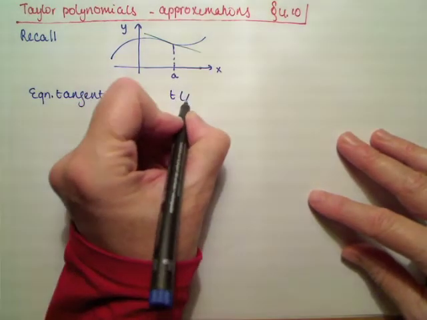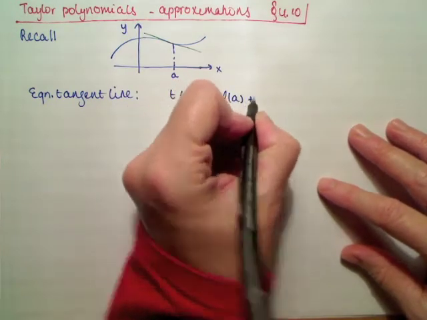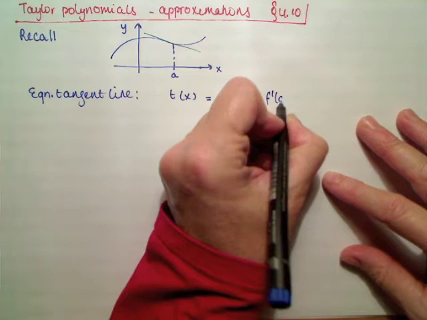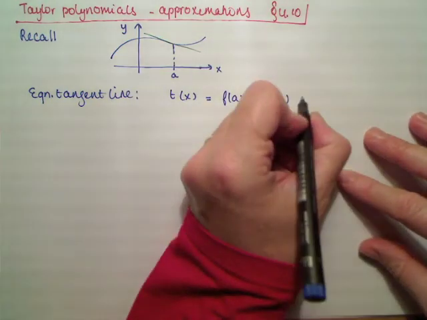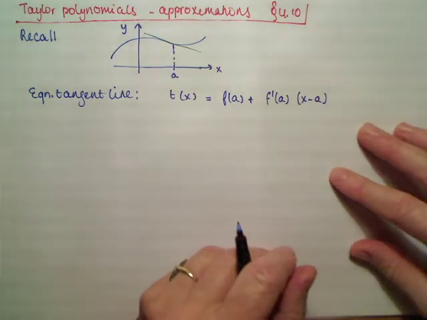So the tangent line at the point A is given by the function value at A plus the derivative of the function at the point A multiplied by x minus A. We have seen this thing more often.